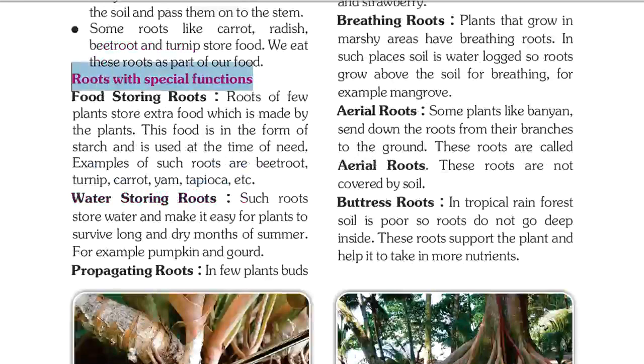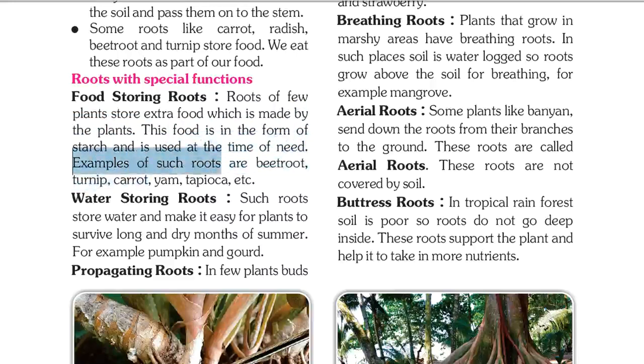Roots with special functions. Food storing roots. Storing roots of a few plants store extra food which is made by the plants. This food is in the form of starch and is used at the time of need.